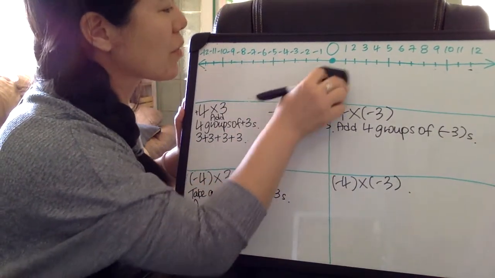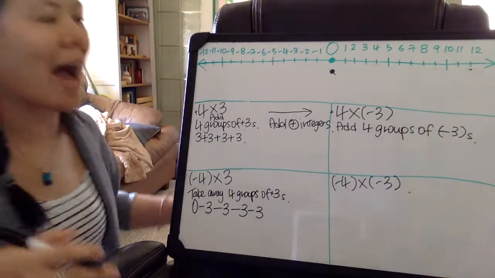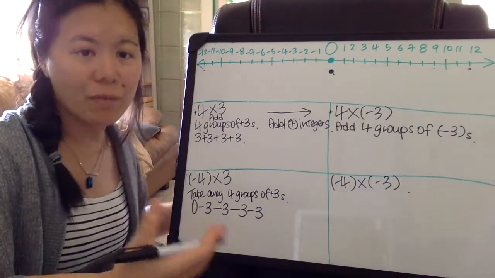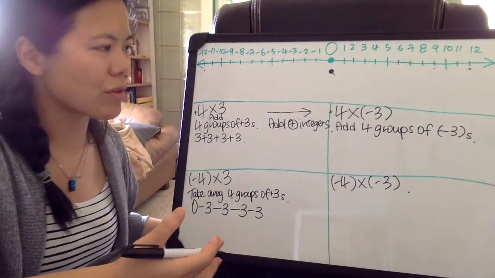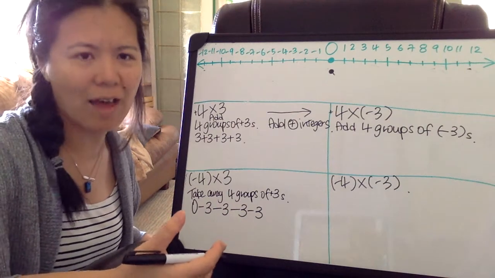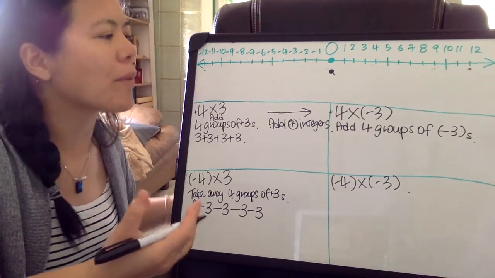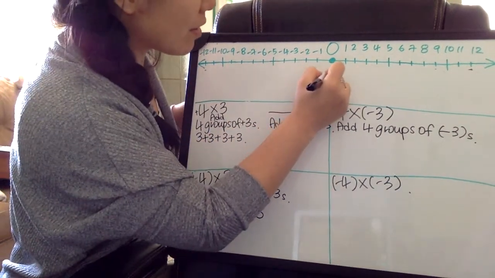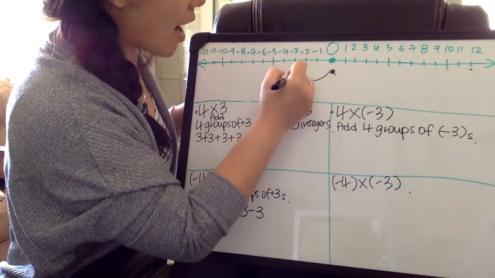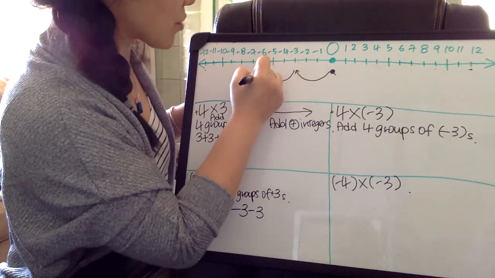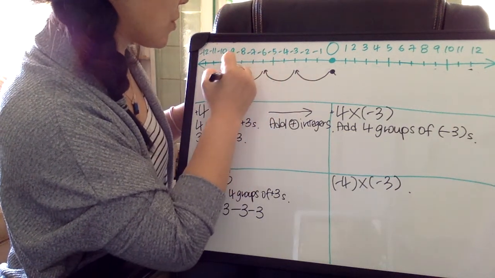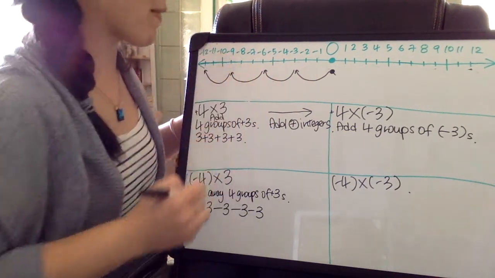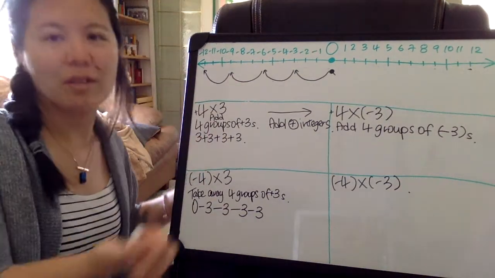Okay. So you start at 0, and what do you do? Add 4 groups of -3 integers. Well, add -3, we've done that when we were doing additions. So when we are adding 4 groups of -3s, you will add -3 integers, and I'm doing that 4 times, right?